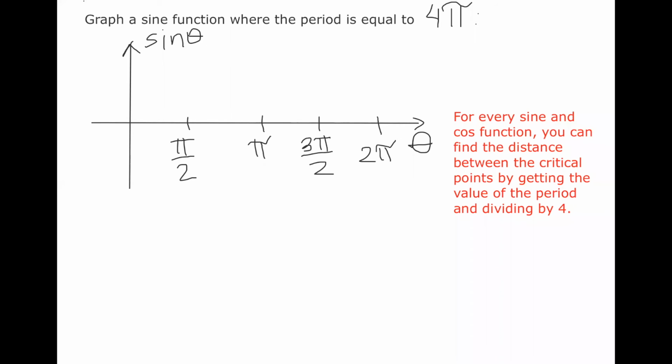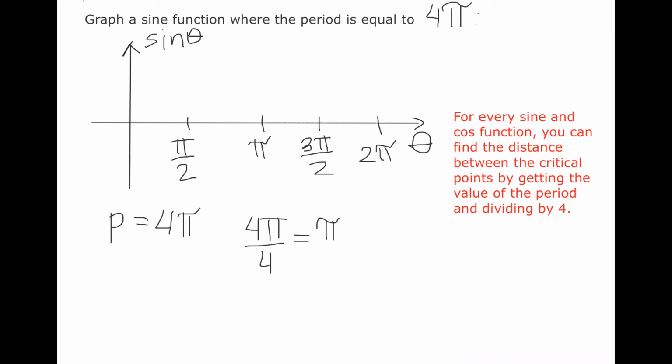So let's suppose you're asked to graph a sine function where the period is equal to 4 pi. If the period is equal to 4 pi, and you find the interval between each critical point by dividing the period by 4, you get 4 pi divided by 4, which is equal to pi.